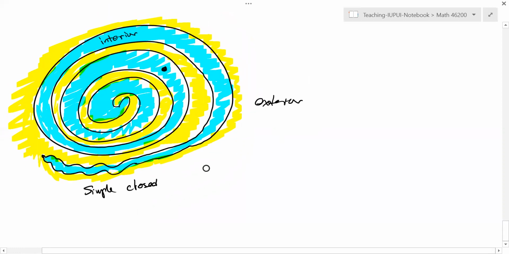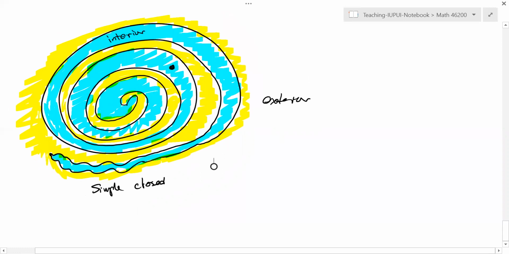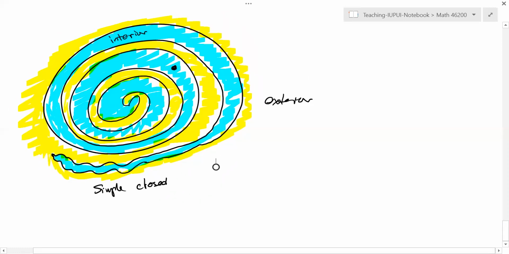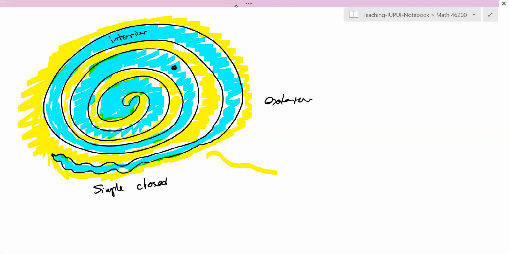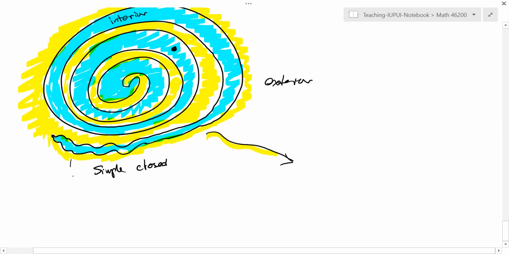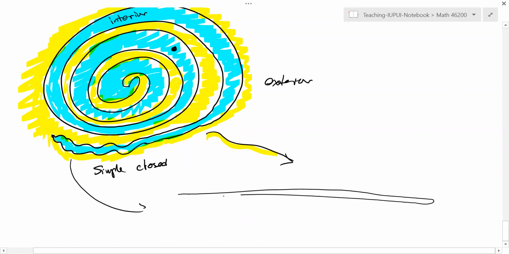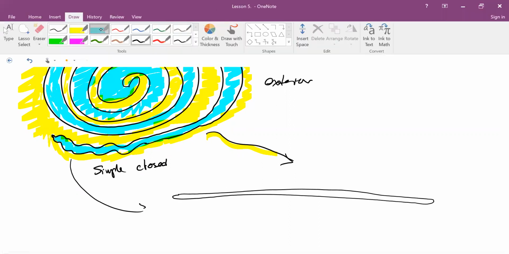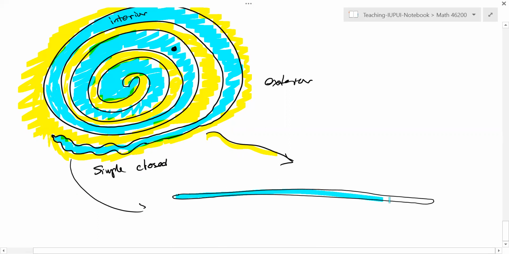And you can eventually change this simple curve into a circle without touching any sides. So you can deform it, just open this, go this direction and open it. So finally you get one long string.